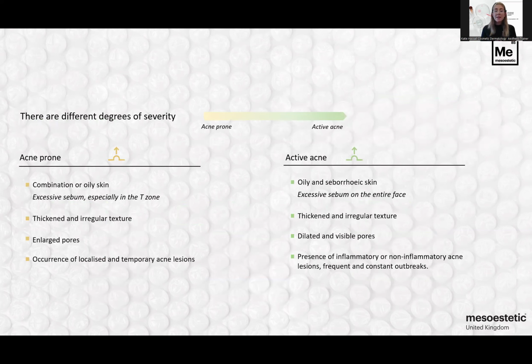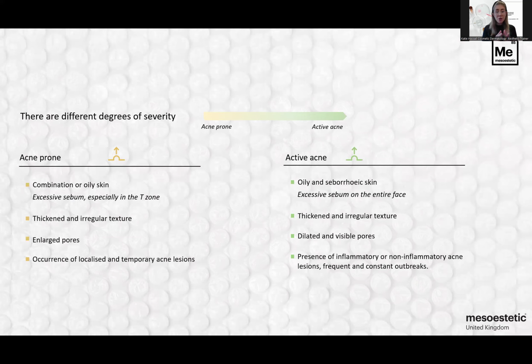So here at Mesoestetic, we're putting acne generally into two different categories. We know there's more than two categories, but when it comes to things like the retail and the in-clinic procedures, we want to know, is the client acne prone, or are they suffering with active acne? When it comes to acne prone, it could be a combination skin.